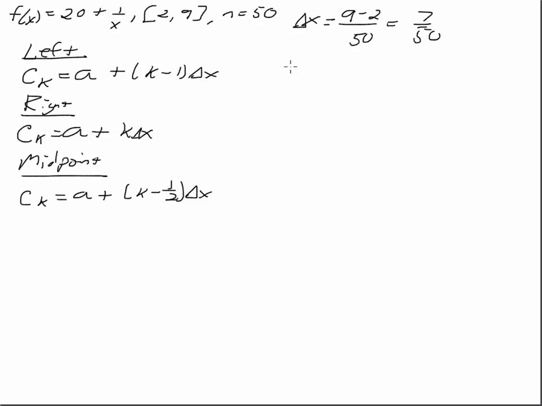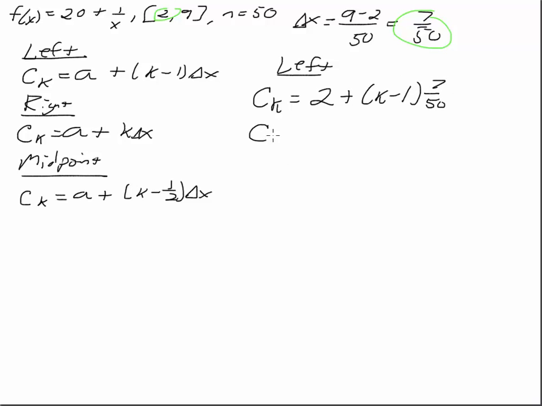Okay, so here's how this works. For the left Riemann sum, our CK is going to equal A plus K minus 1 times delta X. A is 2, delta X is 7/50ths. So CK is 2 plus K minus 1 times 7/50ths.